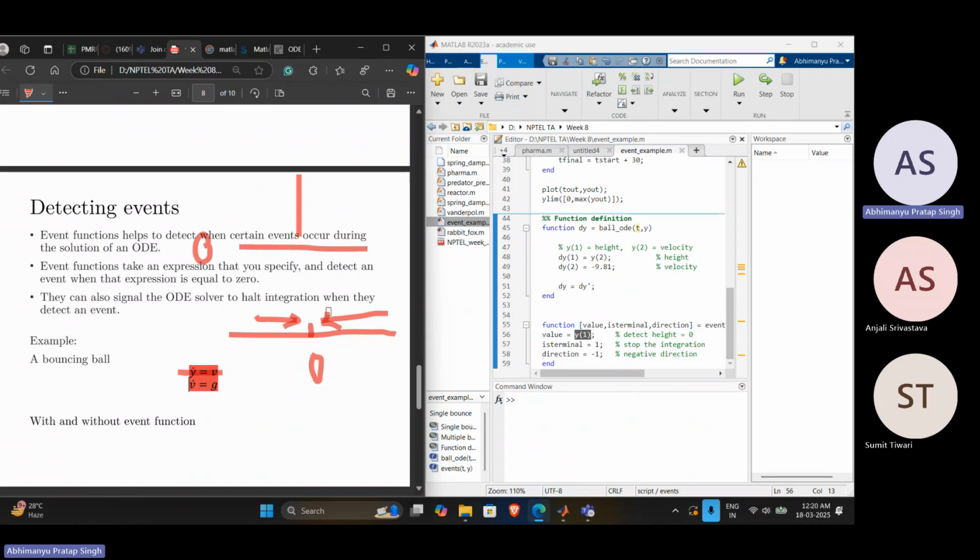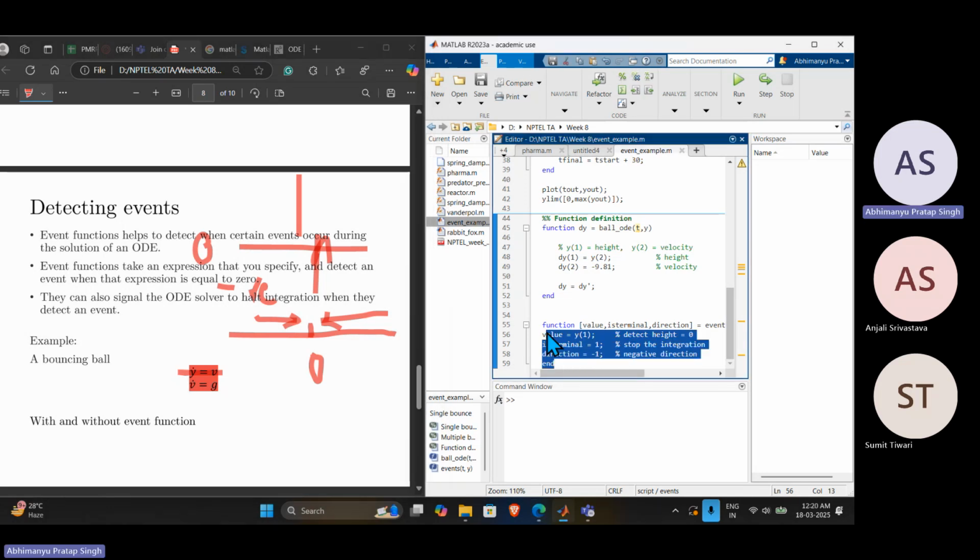So it is like this direction, going along the negative axis. If you are going from the negative axis to the positive axis, then the direction would be plus one. And if you don't need to check the direction, you just want it to cross zero, then you just need to enter a zero over here. Fine.